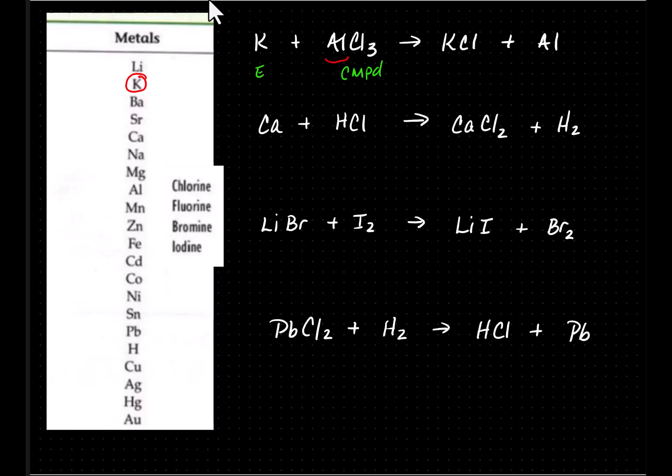So we look up aluminum. Aluminum here is an ion. It has a charge of 3 plus to combine with Cl, which has a charge of -1. Since the element is higher than the ion because it has a charge, this reaction will occur. So there is a reaction.